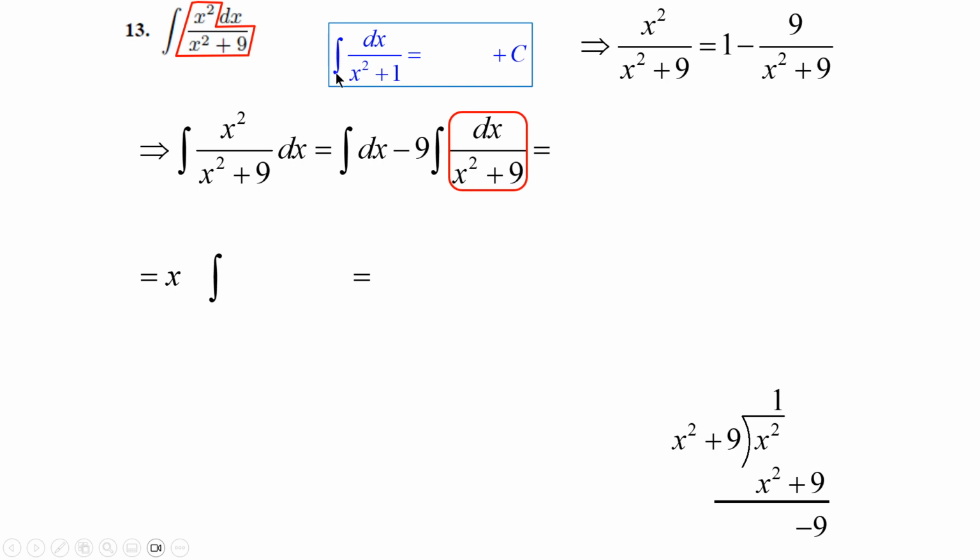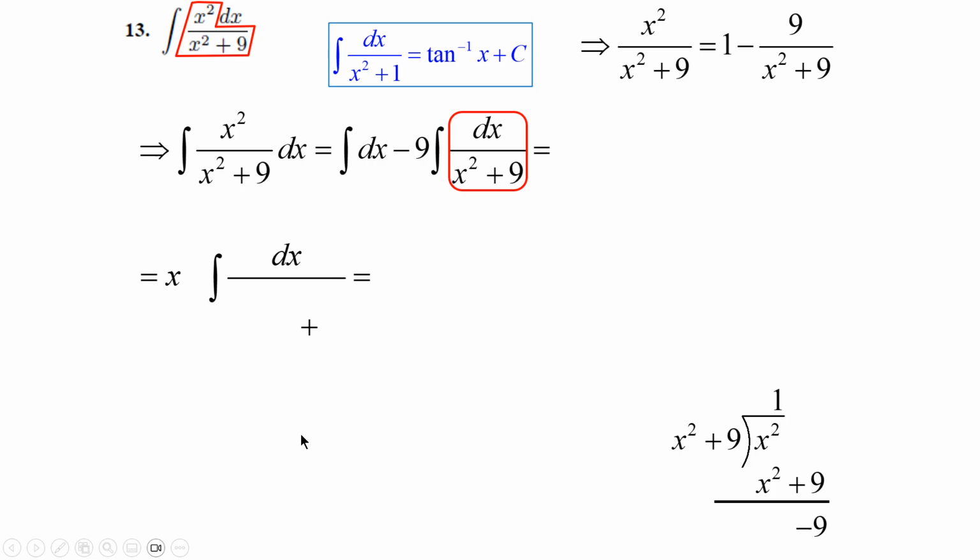The antiderivative of dx over x squared plus 1 is inverse tangent of x plus the c right there. Alright? So we're going to manipulate this divisor. So instead of an x squared plus 9, we're going to have a u squared plus 1.